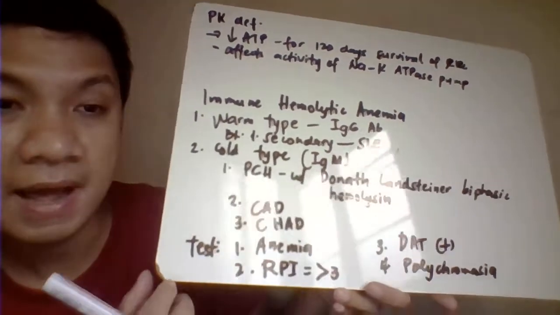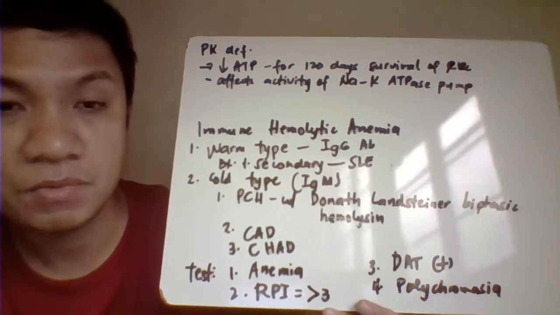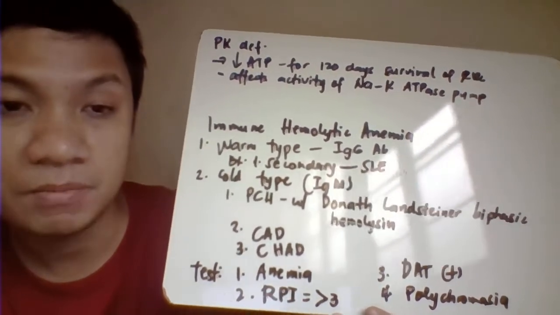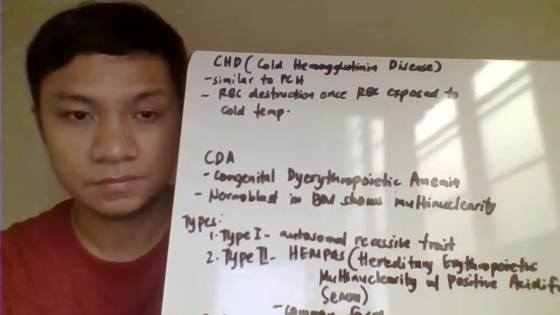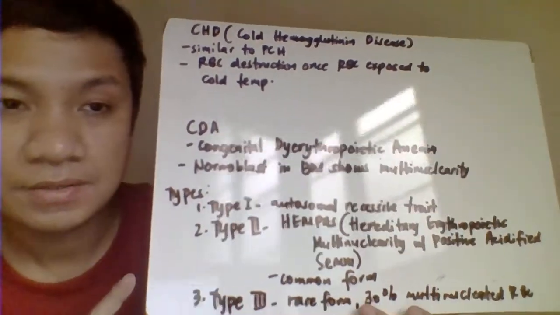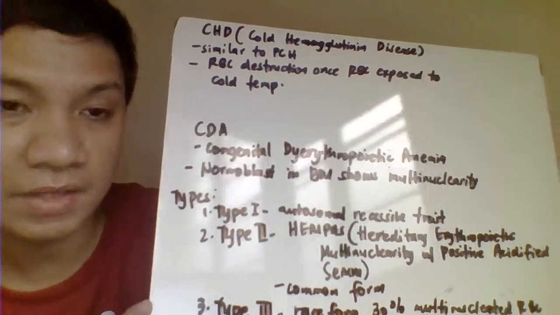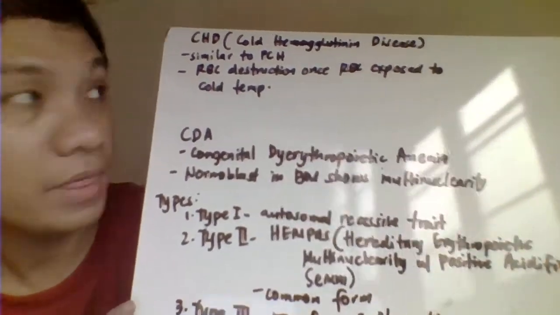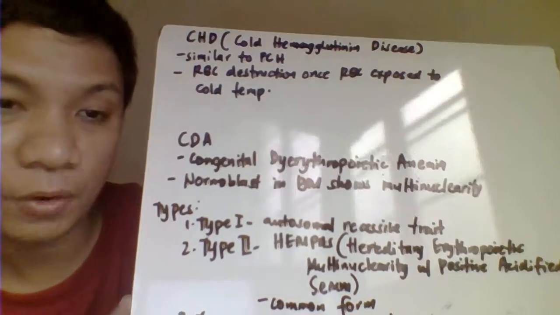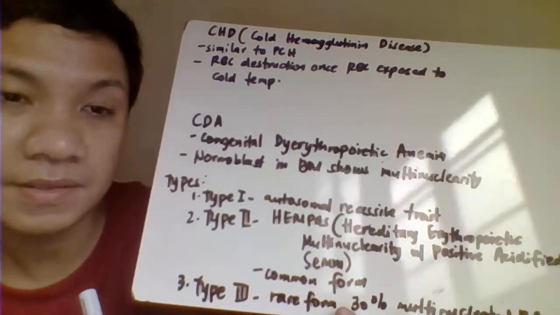An increased reticulocyte count would also be related to autoimmune hemolytic anemia. Then we have cold hemagglutinin disease, characterized by the presence of IgM antibody, with the same manifestation as paroxysmal cold hemoglobinuria.